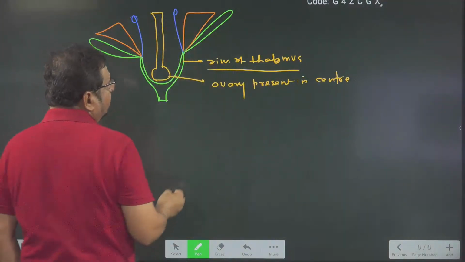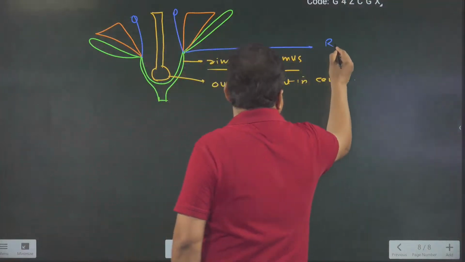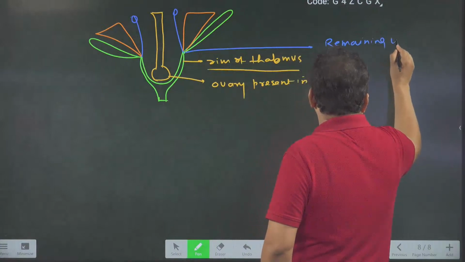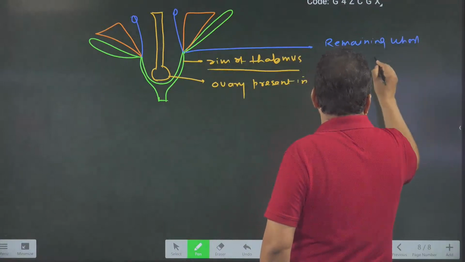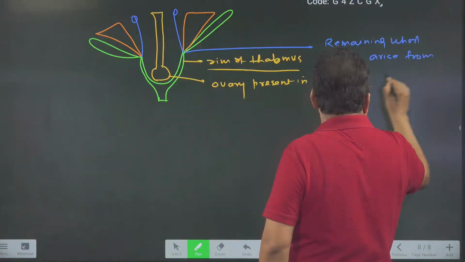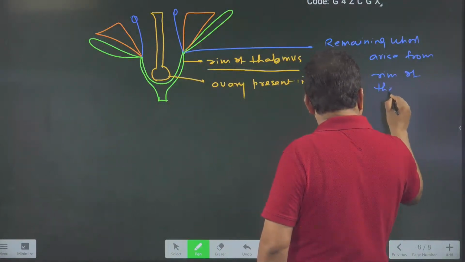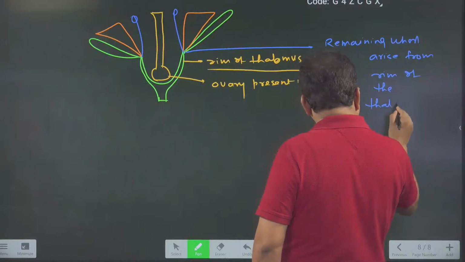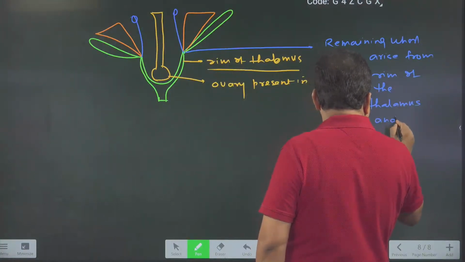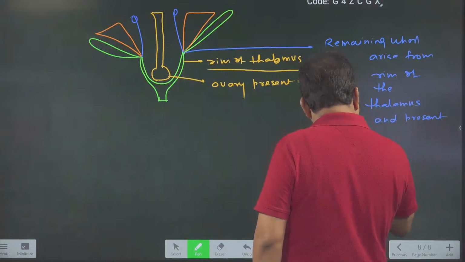So the remaining whorls, what happened? The remaining whorls arise from the rim of the thalamus and are present almost at the same level.